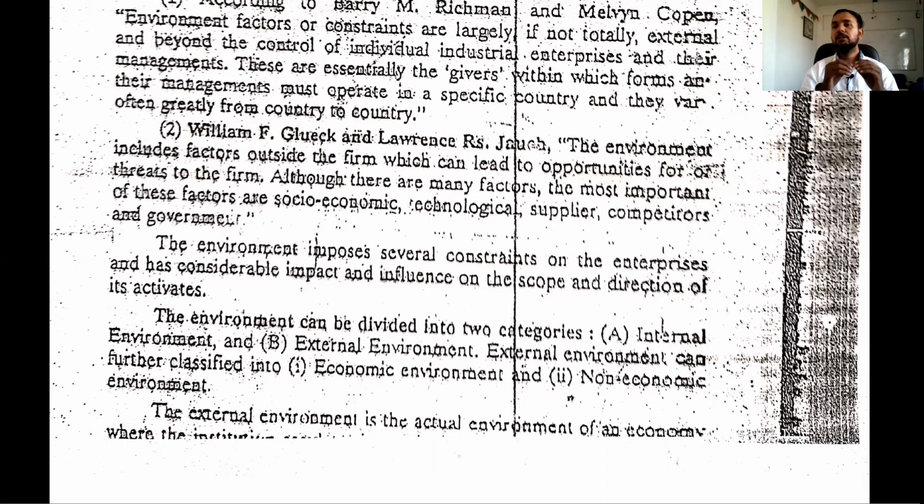So, what can a firm do? A firm needs to adjust to the situation.